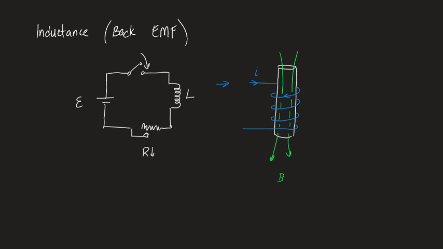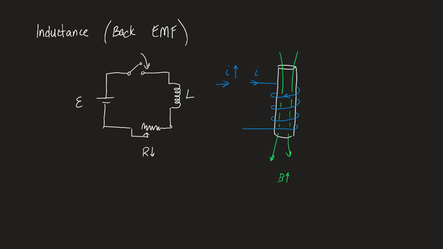If I attempt to decrease the resistance of the circuit, what will happen to the current passing through the circuit? There's going to be an attempt for the current to increase. So in this setup, the current's going to try and increase in the circuit. Now, an increase in current will attempt to create an increase in magnetic field.